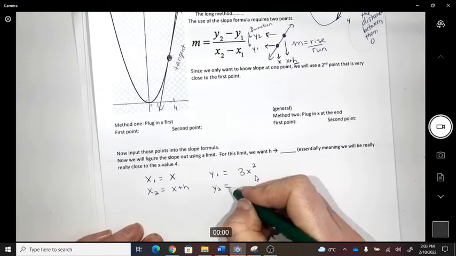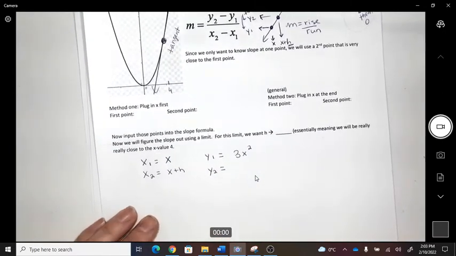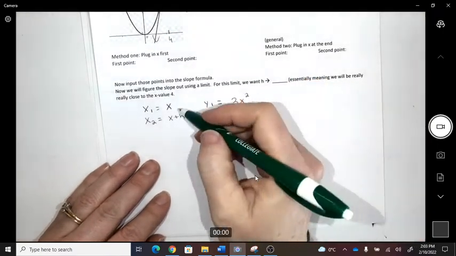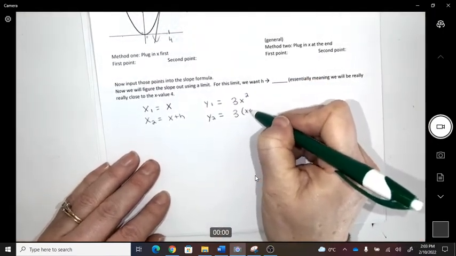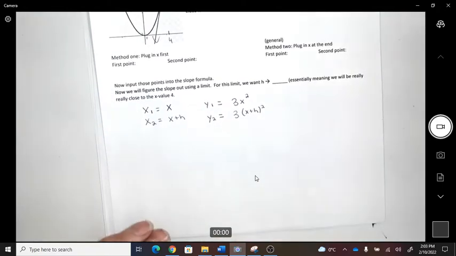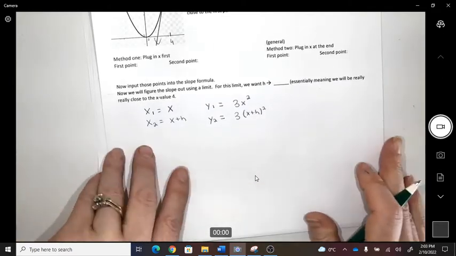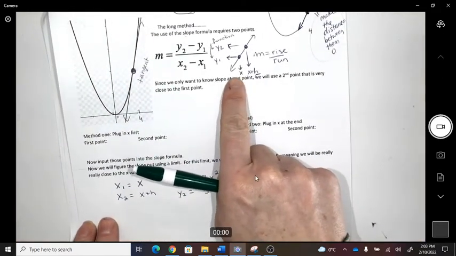And the second y, okay, we just did this unit in pre-calc. This is what I'd have to input into that. Instead of inputting x, I'm inputting x plus something. Okay, does that make sense with, I guess, this visual, right?